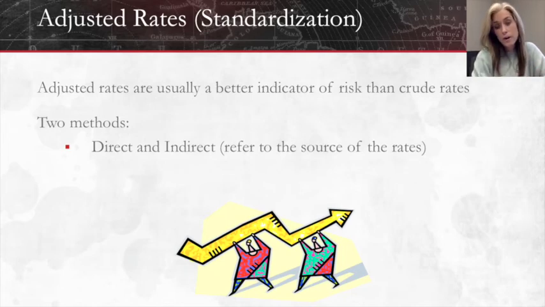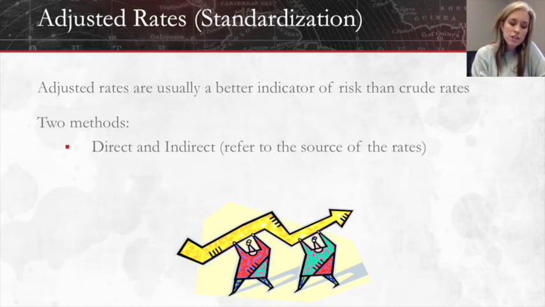So finally, we talked about crude rates, we talked about specific rates, so now let's talk about adjusted rates. Adjusted rates is kind of a difficult concept. When you hear the word standardization, you know that when you standardize something, these rates have been adjusted based upon some factor, okay?